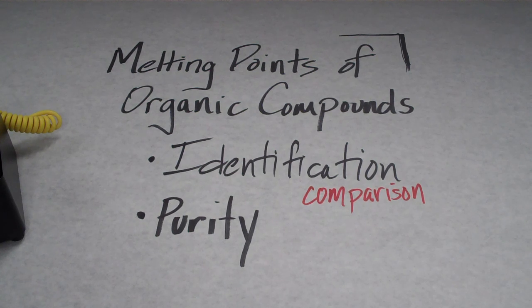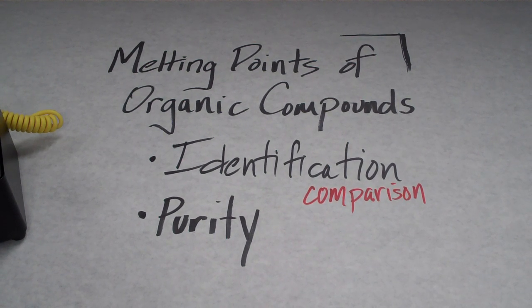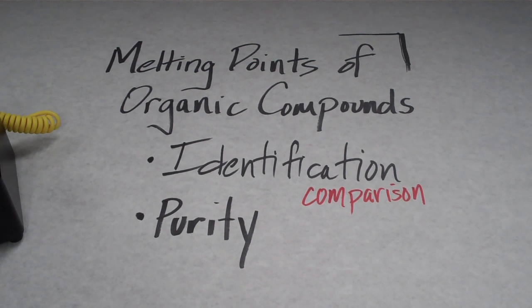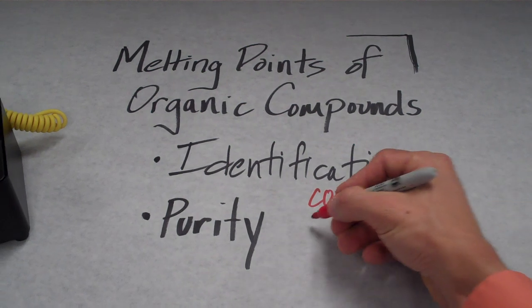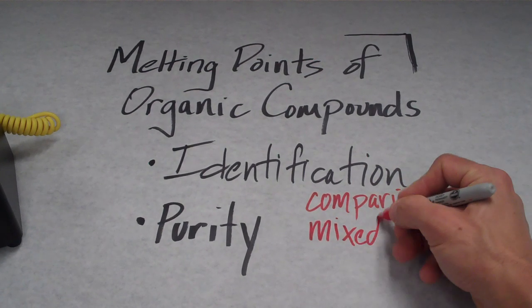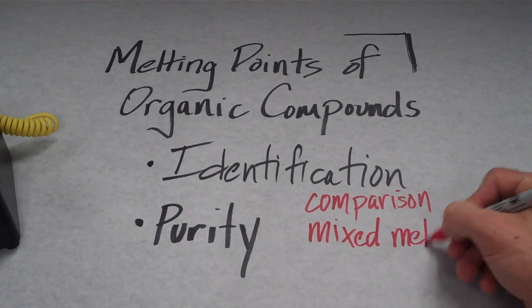So we would always have to do a comparison to a pure sample of the compound that we think is perhaps the compound in question. And that technique, which we'll learn about today, is what's called a mixed melting point.